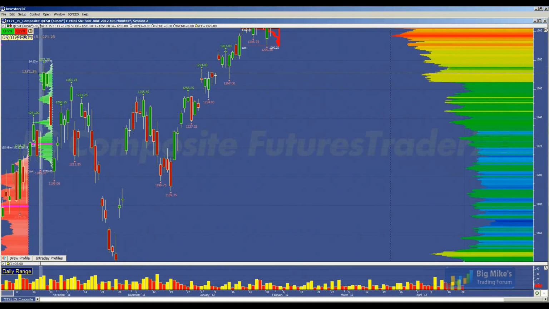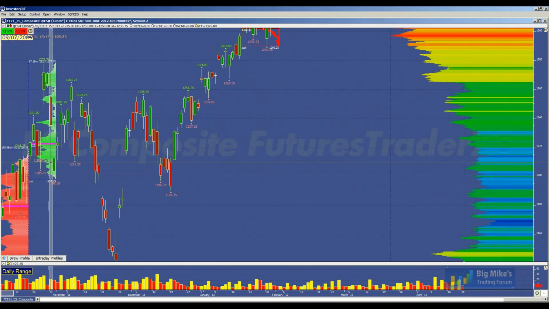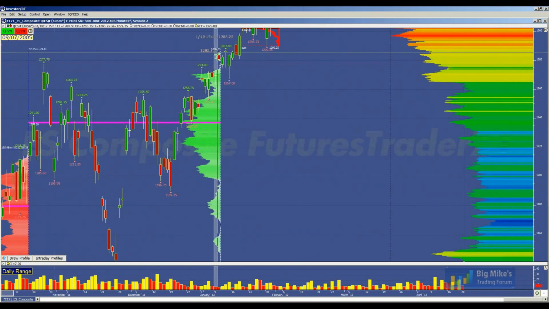There's no volume down here. Prices are rejected. High volume node up here. Prices were rejected through here. High volume node. Prices were rejected. The highest volume node is right down here, and that's where the market liked prices. The day after that, it gaps way down here, so I extend the composite to include that volume. And then ultimately what I end up doing is including all of the volume.